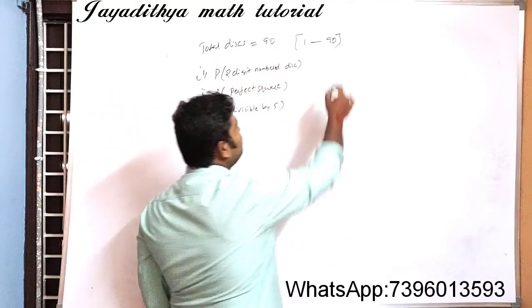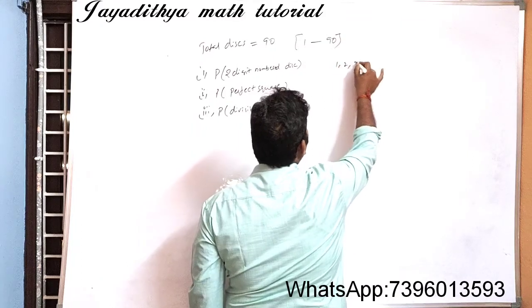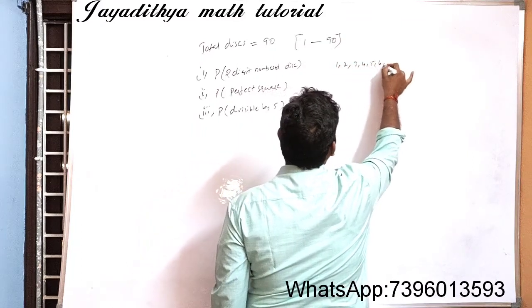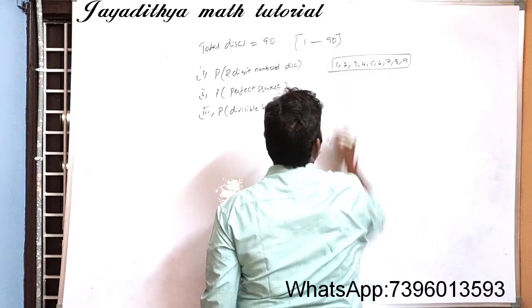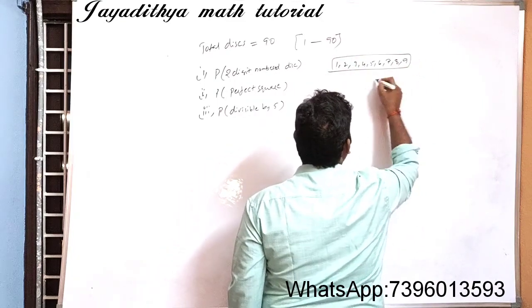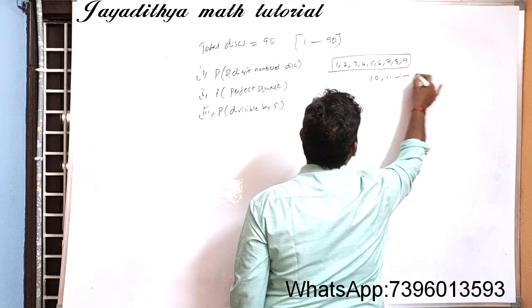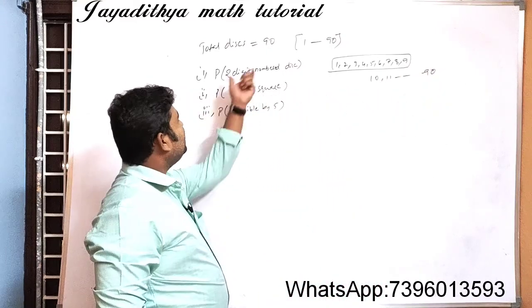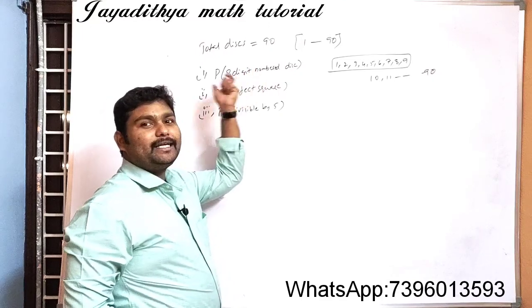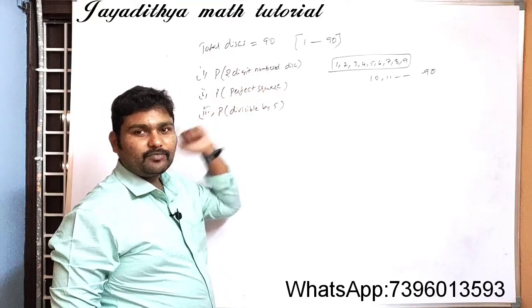The numbers 1, 2, 3, 4, 5, 6, 7, 8, 9 are the single digit numbers. And next you will have 10, 11 up to 90. Now we need the probability of a 2-digit numbered disc.